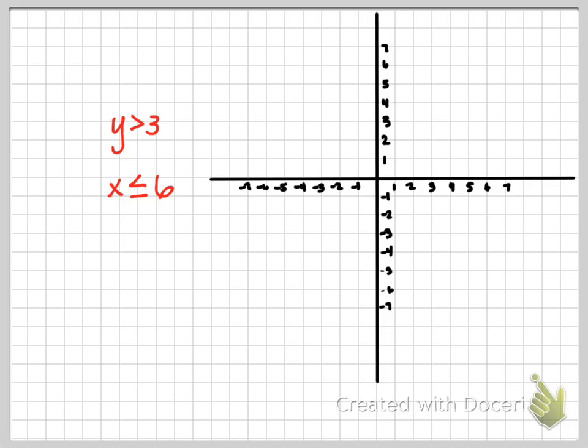Okay, so I've got my x and y axis labeled. This is the x-axis, this is the y-axis. And what I want to do is graph each of these. They tell me that y is greater than 3.